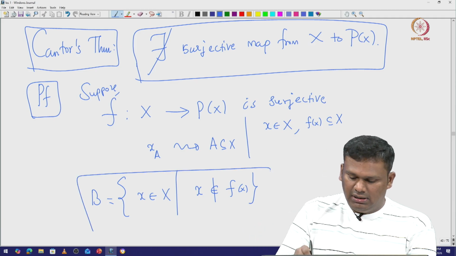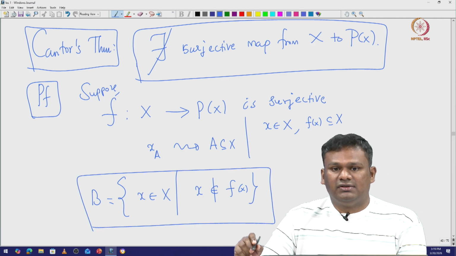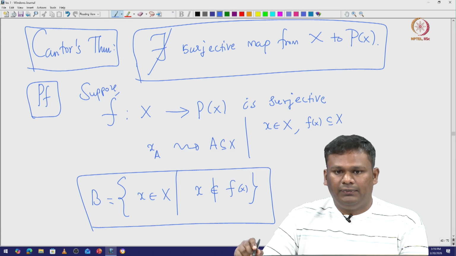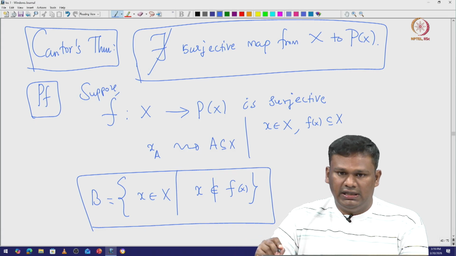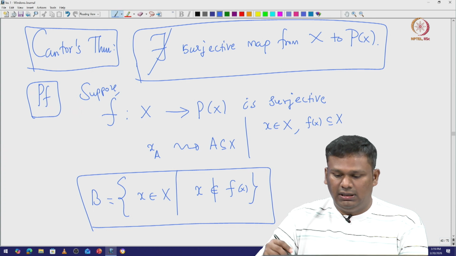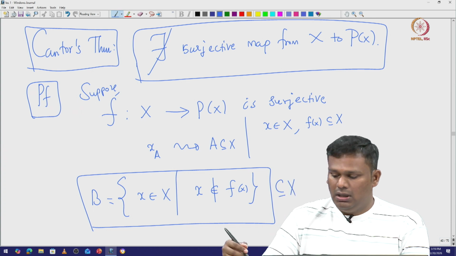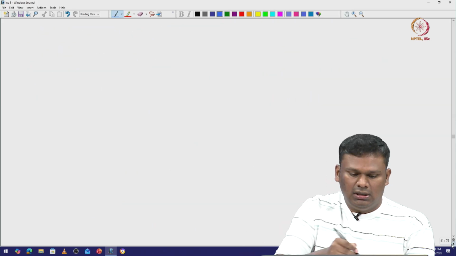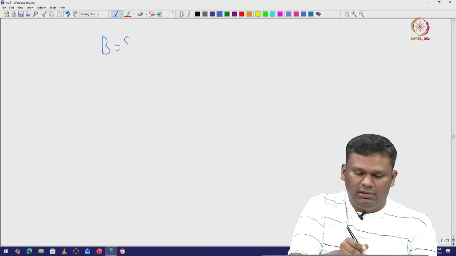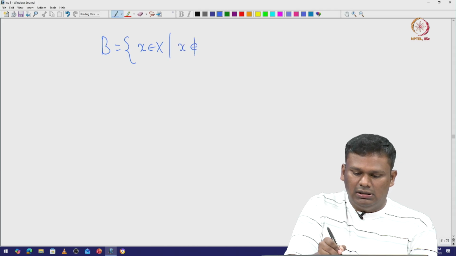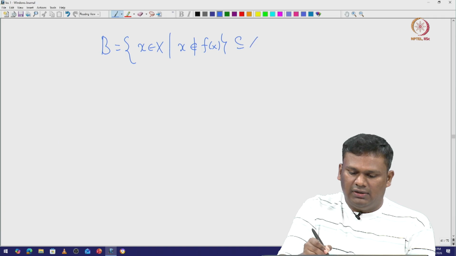So this capital B is well defined. And you can use the axioms of separation to convince yourself that it is indeed a subset of capital X.